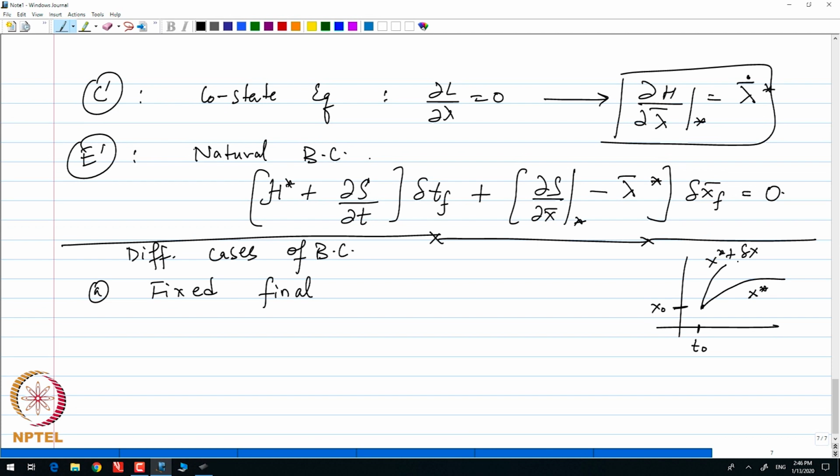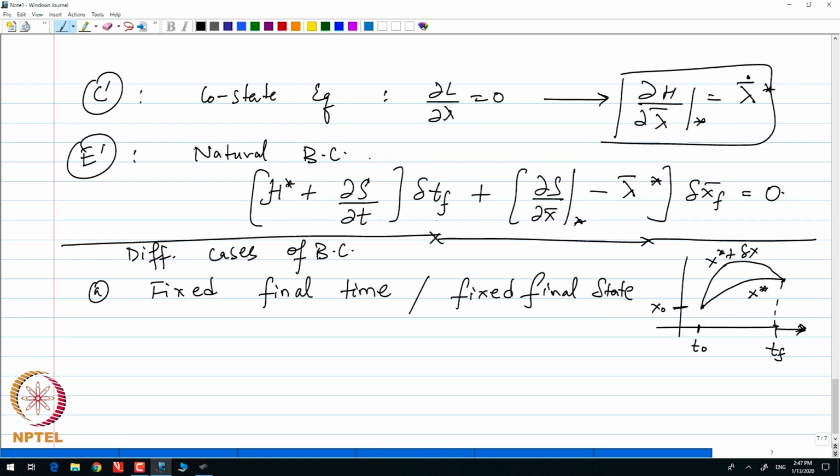But let us say my first case is fixed final time. So, T f does not change and fixed final state.